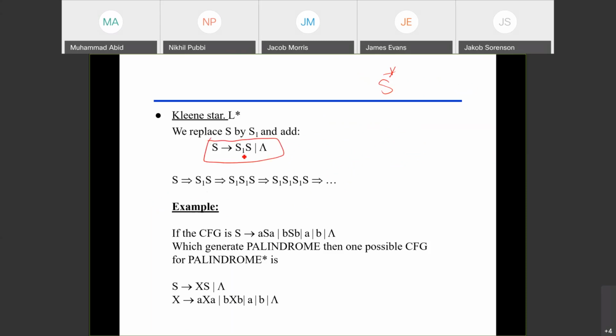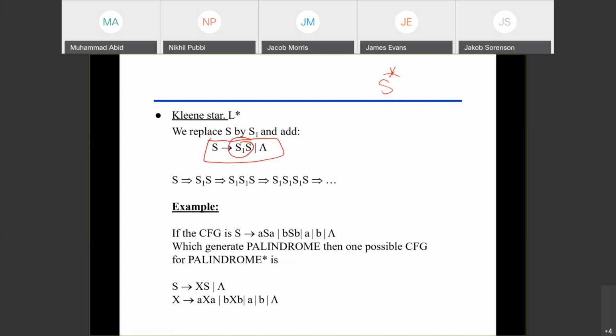When you have star, it means the grammar should accept lambda, whether it is accepted by the initial machine or not. So for that we add explicitly one production rule, S can be replaced by lambda, and then exactly the same thing, the machine can concatenate with itself and generate as many words as you want.